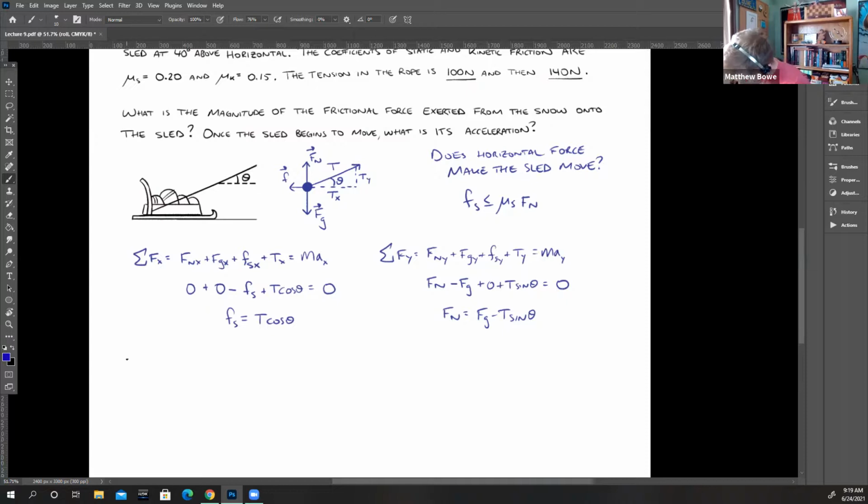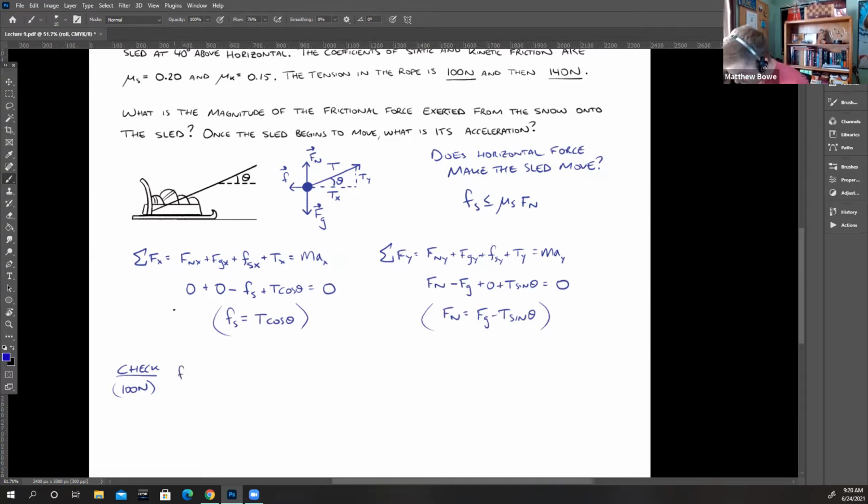We have to check (100 newtons). And to do that, we're going to use this rule up here. And I've conveniently already found the pieces to it. I have force static friction that will go in right here, and the normal force will go in right here.